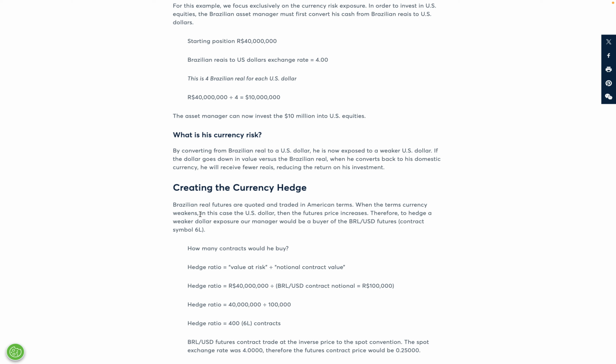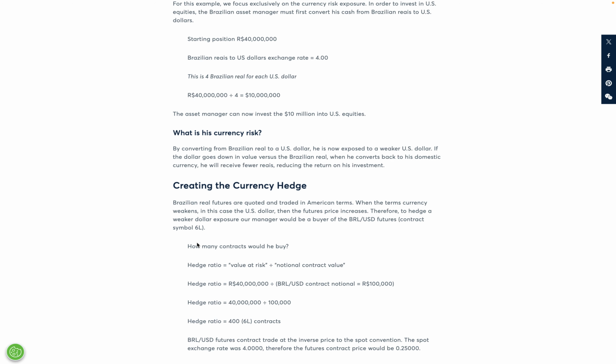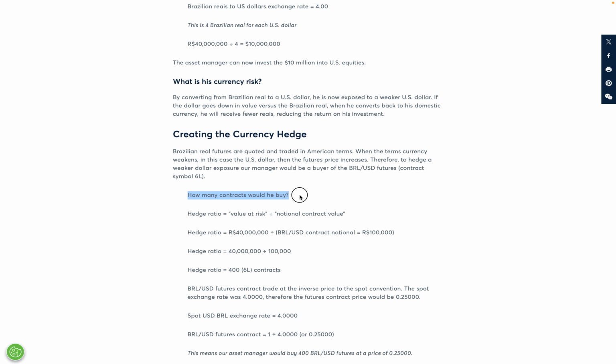When the term currency weakens, so the US dollar weakens, then the future price will increase. Therefore, to hedge a weaker dollar exposure, our manager would be a buyer of real futures, contract symbol 6L. How many contracts would you buy?